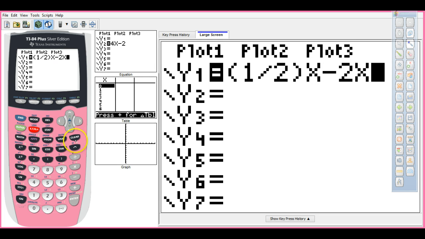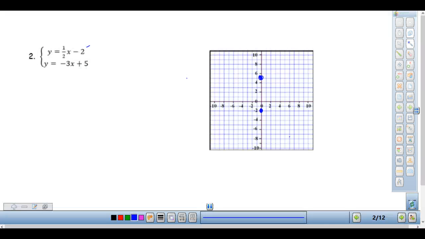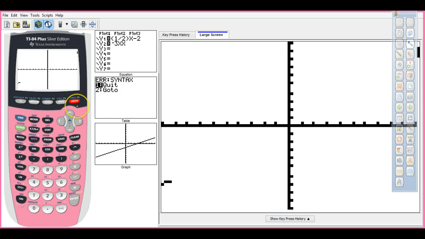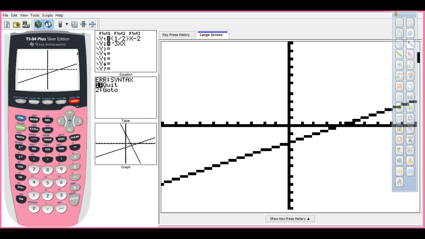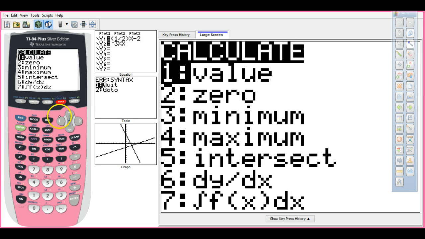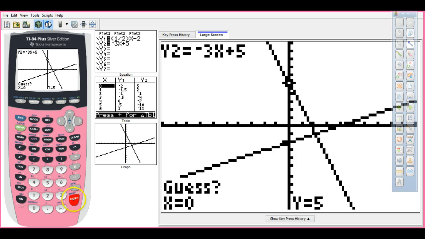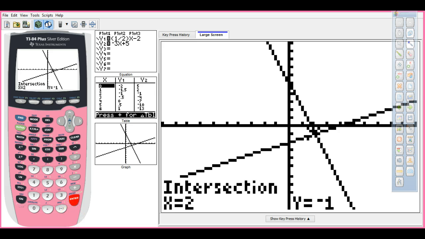Bottom equation is going to be -3x plus 5. And we hit graph. It gives us our graph here. We'll go second, calculate, 5, enter, enter, enter. And we get 2, -1.